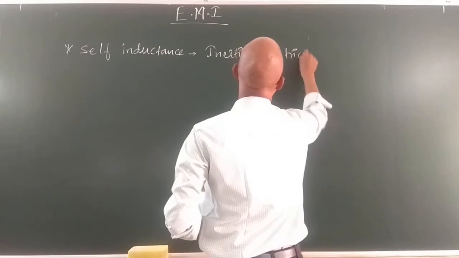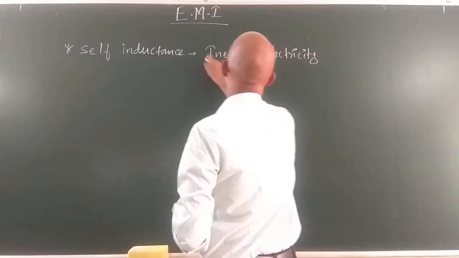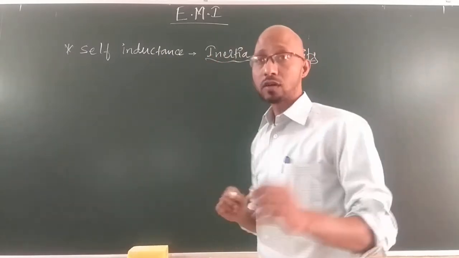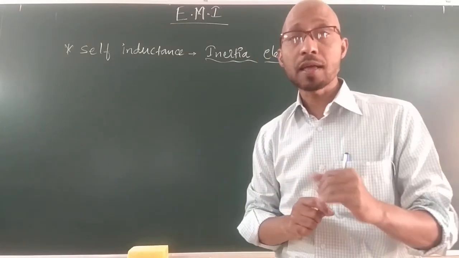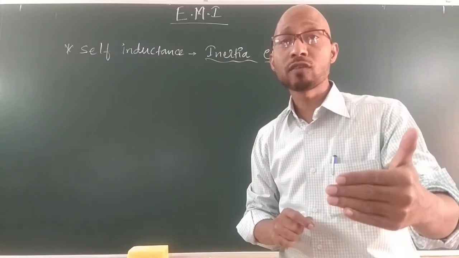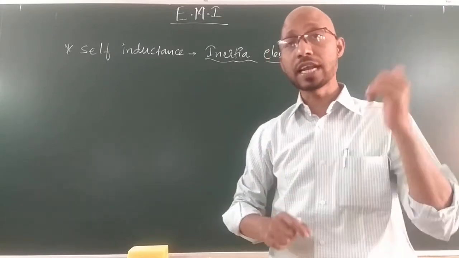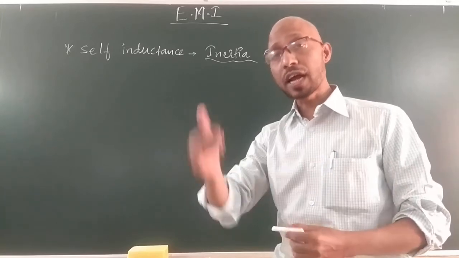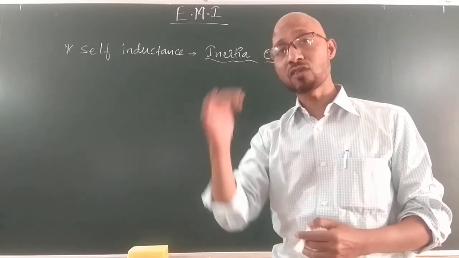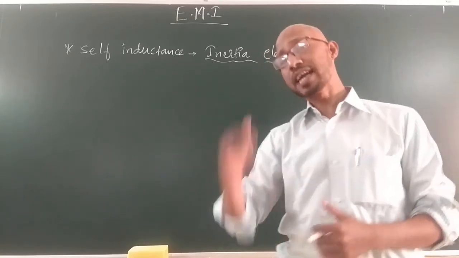This is a very important concept for you, this particular word, inertia of electricity. Now this is a word coined for self-inductance. Why? Because it tries to oppose the growth of current in an inductor coil or simply a coil, and tries to oppose the decrease of current.